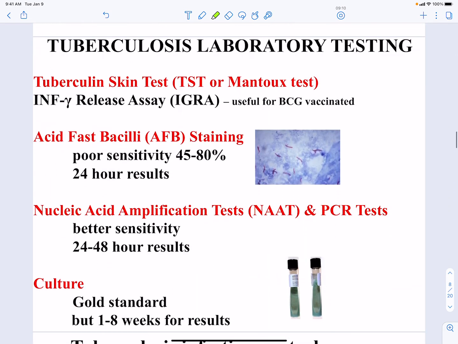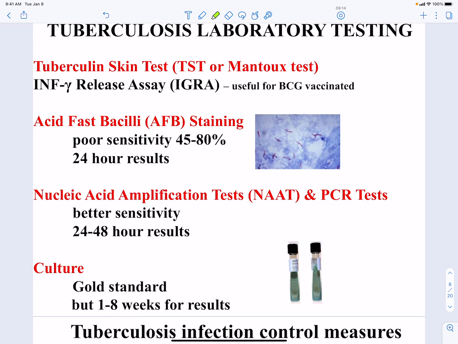All right, so tuberculosis is important to monitor because, again, people who are having active TB are the spreaders. And so there's a lot of resources put into identifying those active TB cases. There's the tuberculin skin test, which is a very easy test. It's also called the Mantoux test. That's where you have your PPD injected into your skin.